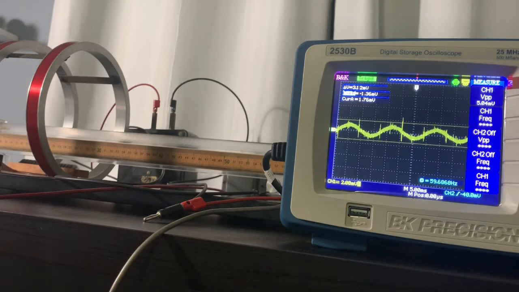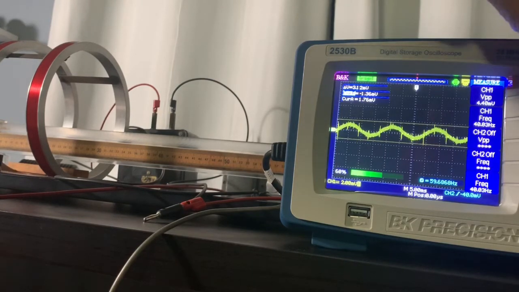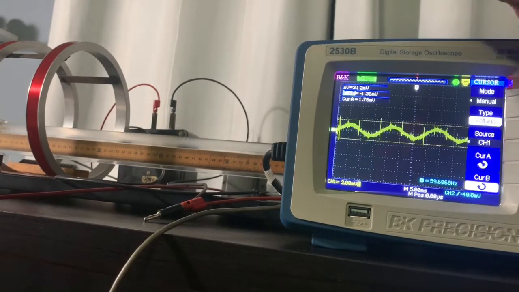Okay, 61.0 centimeters gives us 3.5. That is way off, so I am in fact going to use the cursors.